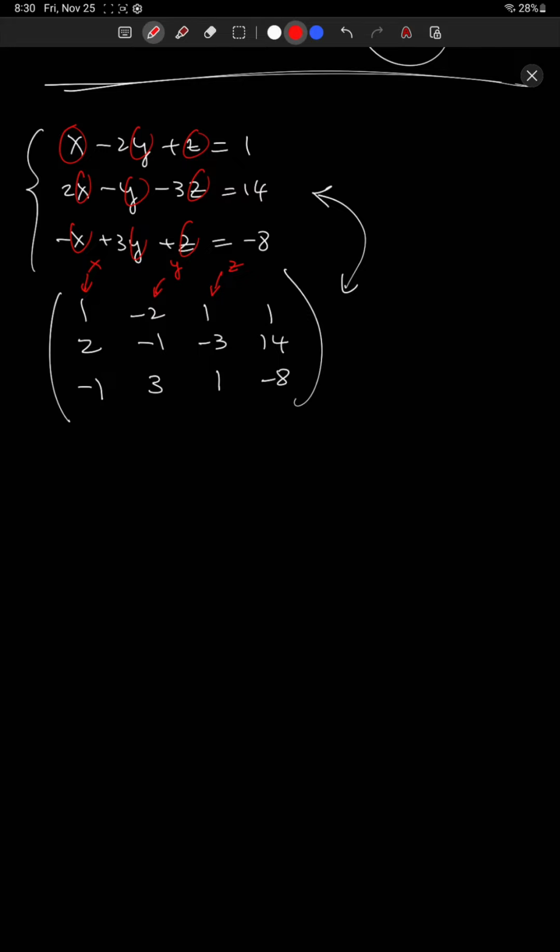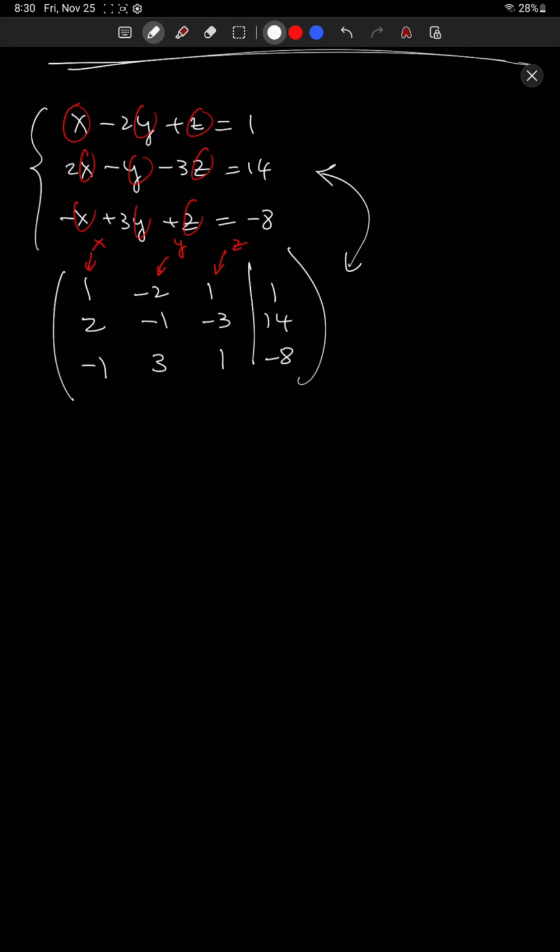If I want to rewrite this matrix as a system, it's whatever the number here is times x plus whatever the number here is times y plus whatever the number here is times z equals the right-hand side. Here we're also going to put a line to delineate the right-hand and left-hand sides of the equation, the ones with the x's and the ones that are just constants. This is technically called an augmented matrix.